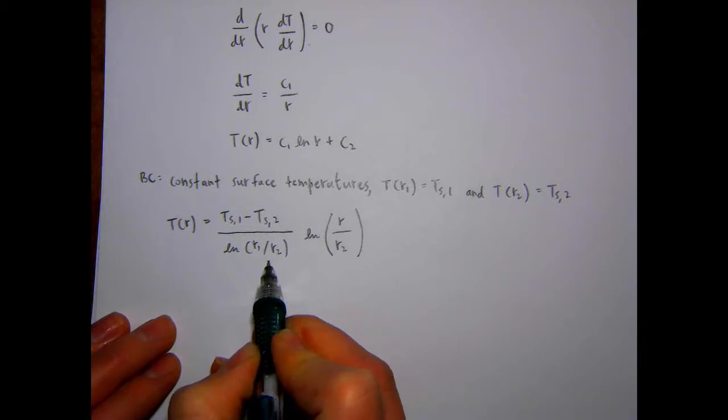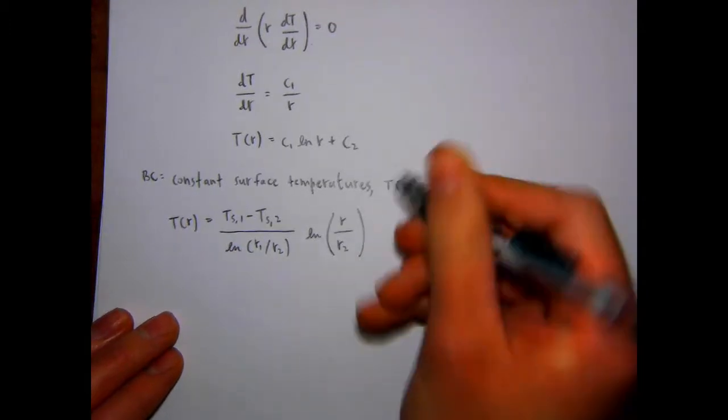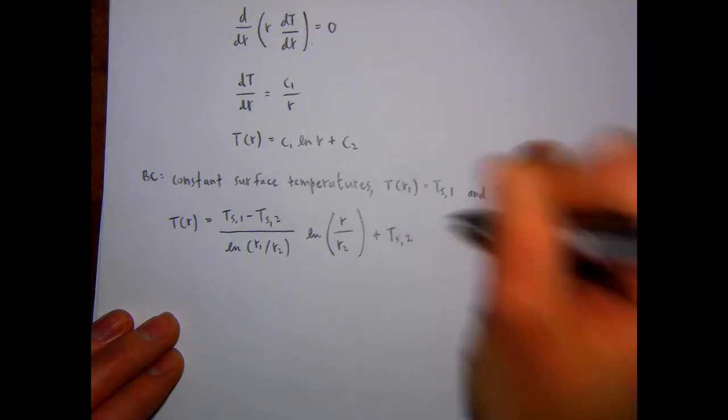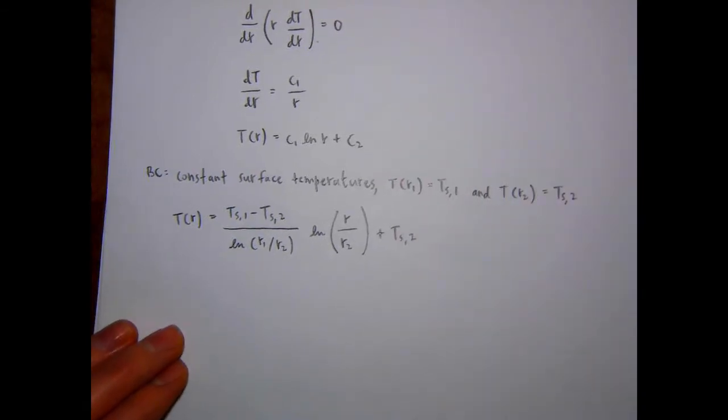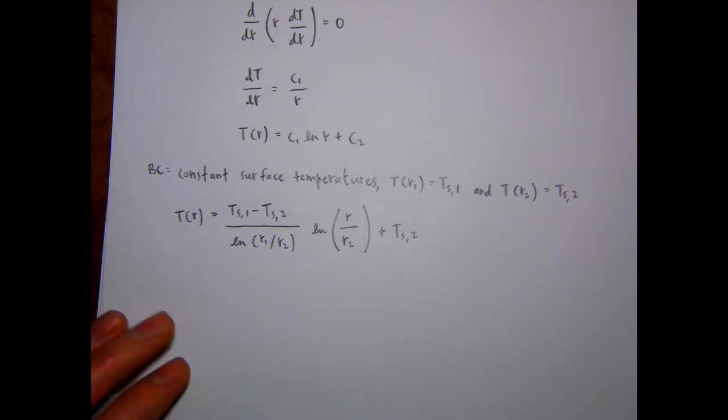They're the radius measurements that we know. And then r here is the variable r. So this is the same process we've gone through multiple times for a plane wall. Same assumptions, same constant surface temperature boundary conditions. We're just doing it in cylindrical coordinates now.